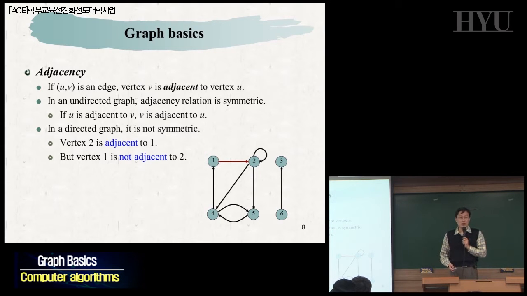If the graph is undirected, then this relation is symmetric: u is adjacent to v and v is adjacent to u. In a directed graph, it is not symmetric. Look at this graph. Look at this edge: vertex 2 is adjacent to vertex 1. But vertex 1 is not adjacent to vertex 2, because there is no edge from vertex 2 to vertex 1.